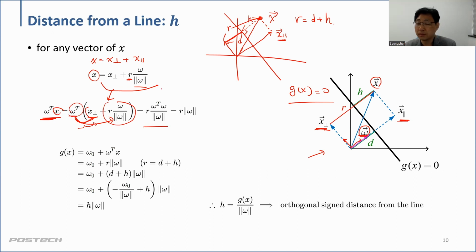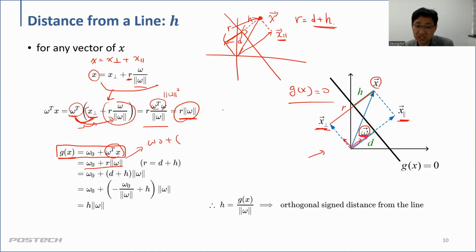So we can do this. And omega transpose omega is the same as omega squared, so it's r times the length of omega. Now, this is the equation that we have. And we know that that one is the same as that, so we plug into that. And from that, omega naught plus r, we know r is d plus h.